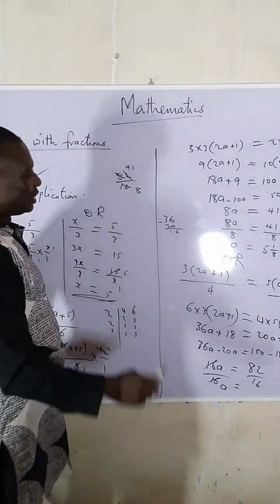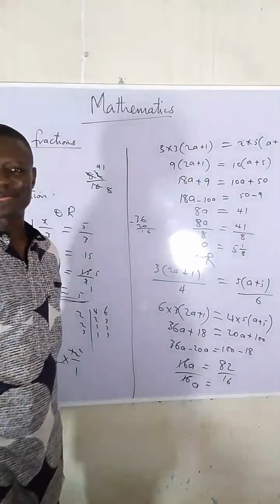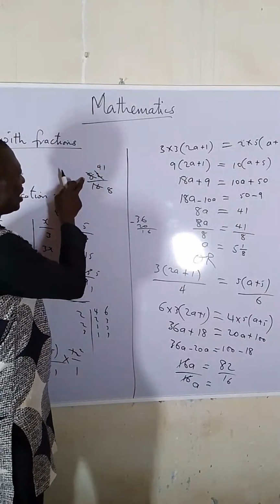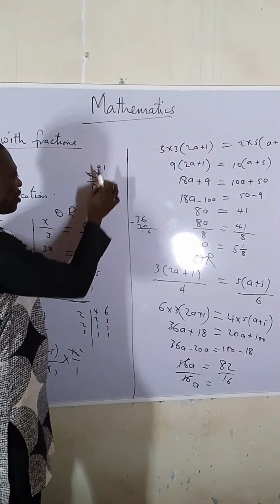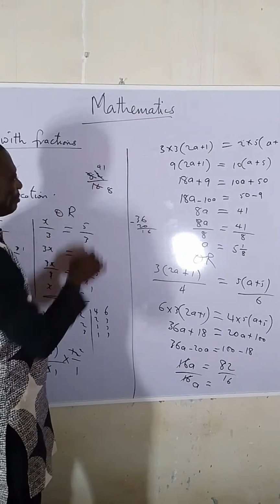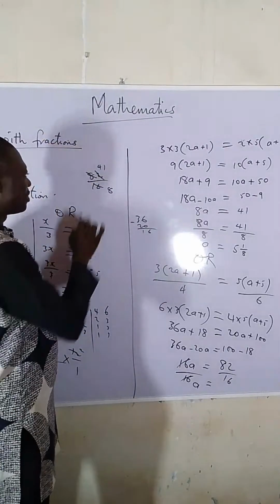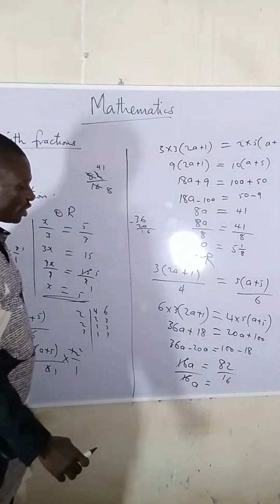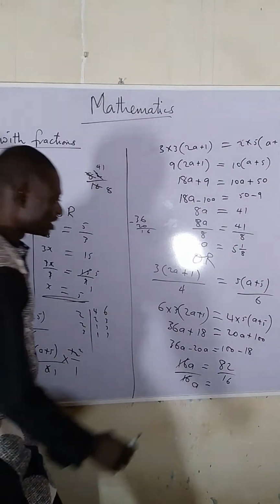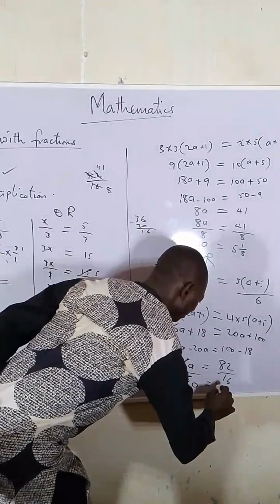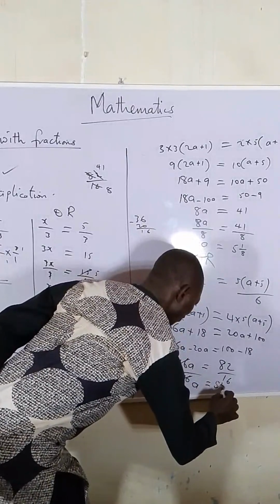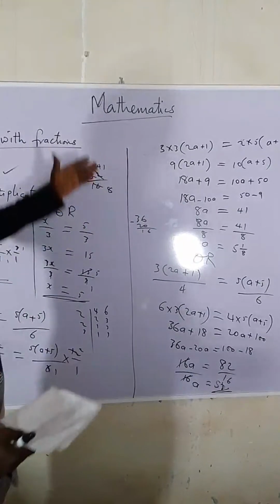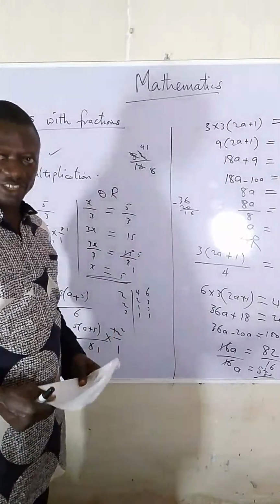And so what are we getting here? 41 over 8. Do you remember when we got 41 over 8 here? That's going to be the same thing, of course. So 82 over 16 will give us the same thing as 41 over 8 when we divide numerator and denominator by 2. And so 41 over 8 is the same as 5 whole number 1 over 8 as the last answer in a mixed number, or 41 over 8 as an improper fraction.